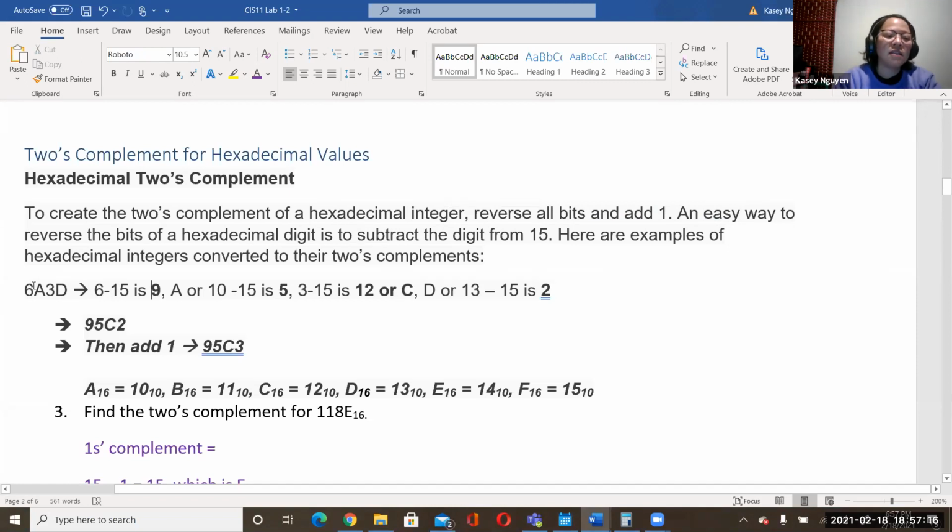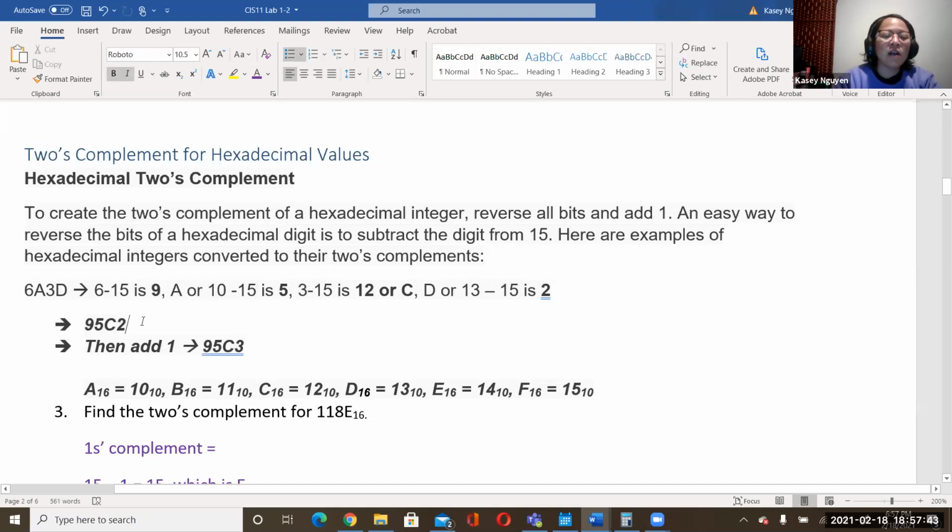That's like knotting it at this point. Then you take A, or 10, subtract from 15, that gives you a 5. And then 3, subtract from 15, you get a 12. And then D, which is 13, subtract from 15, you get 2.